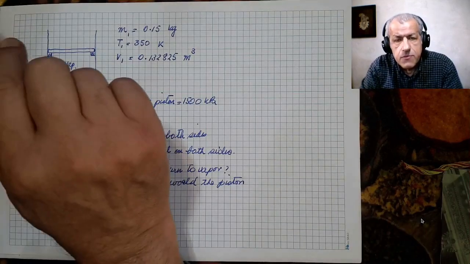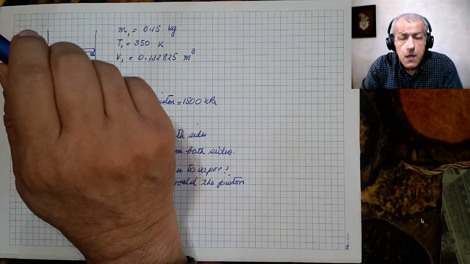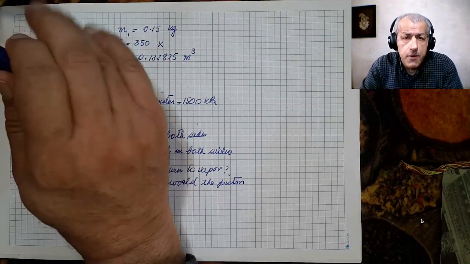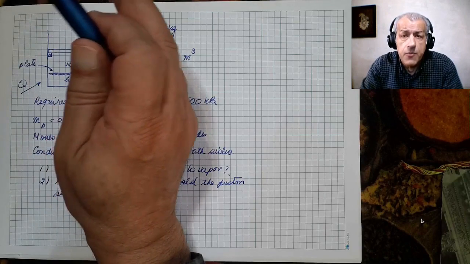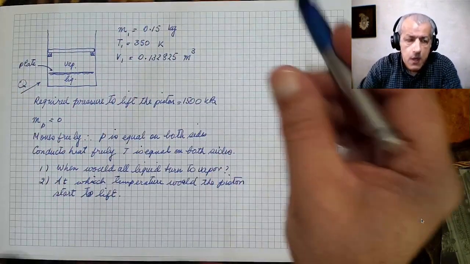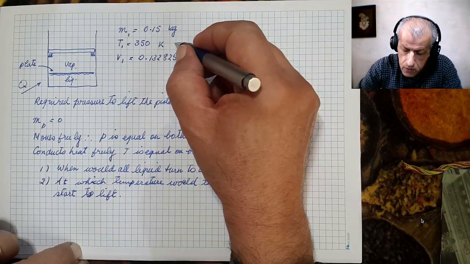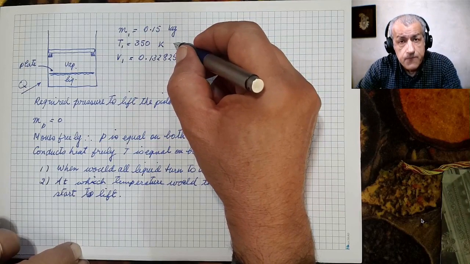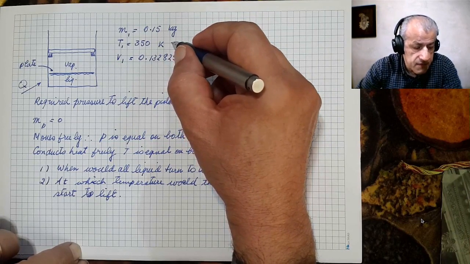Well, a first step to solve this problem is to refer to the diagrams or properties and see where our problem is, what the properties are. So we go to the tables and look for saturation properties for 350 kelvin.